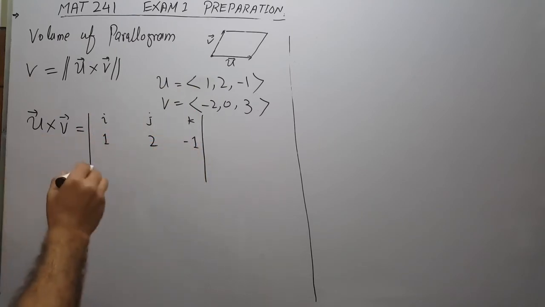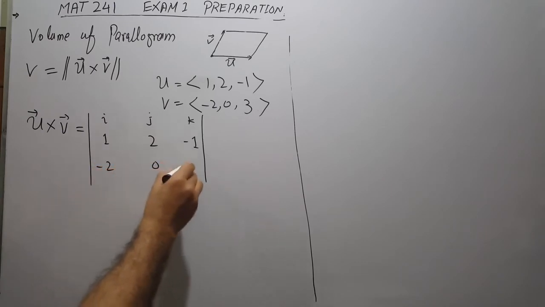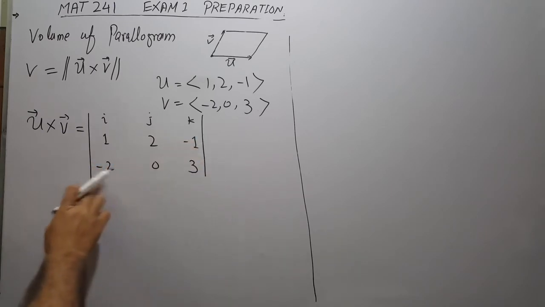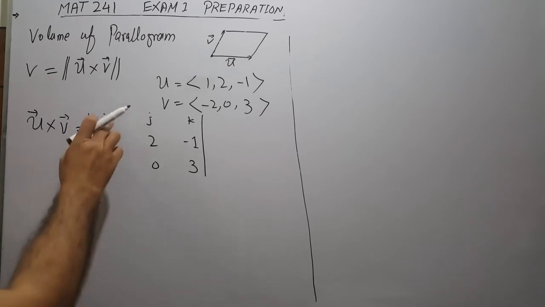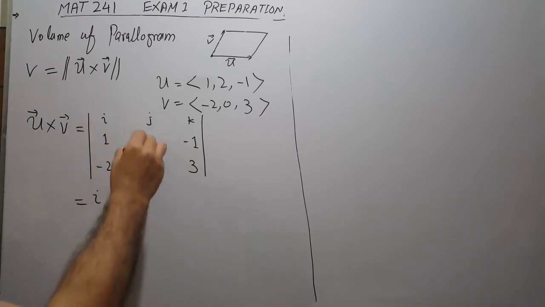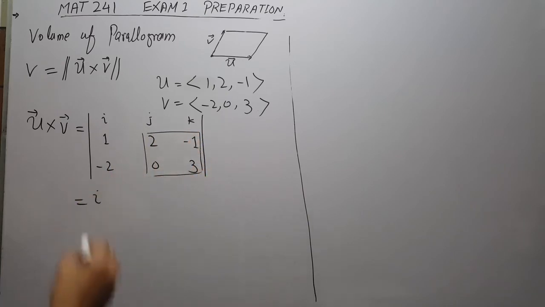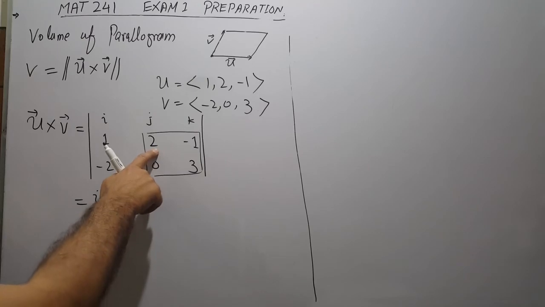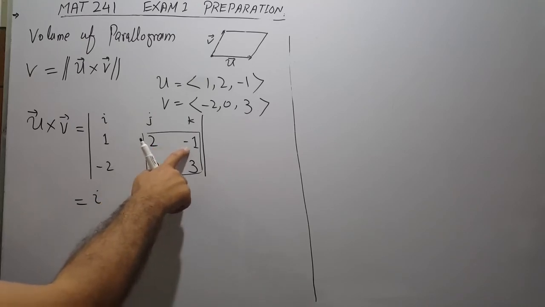Then the second vector: first entry, second entry, and third entry. Now find the determinant of these. So i as it is, we have to find the determinant of this one. What is the determinant? You multiply these two and then subtract the multiplication of these two from it.